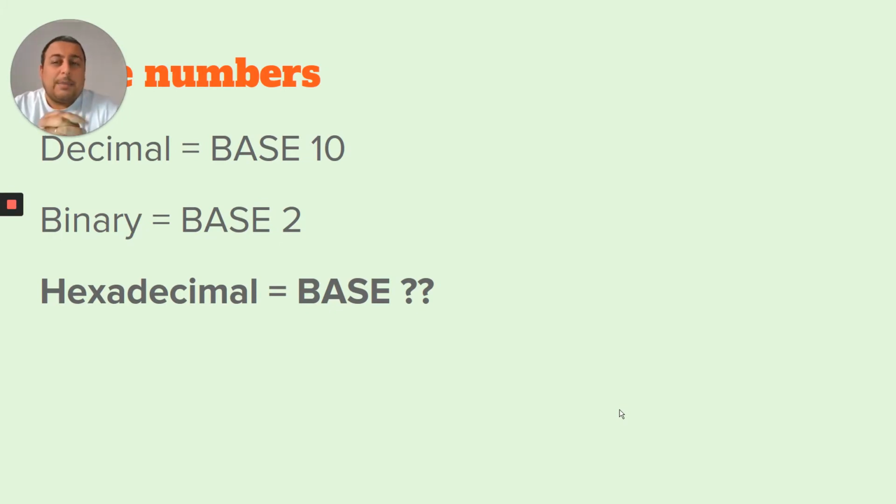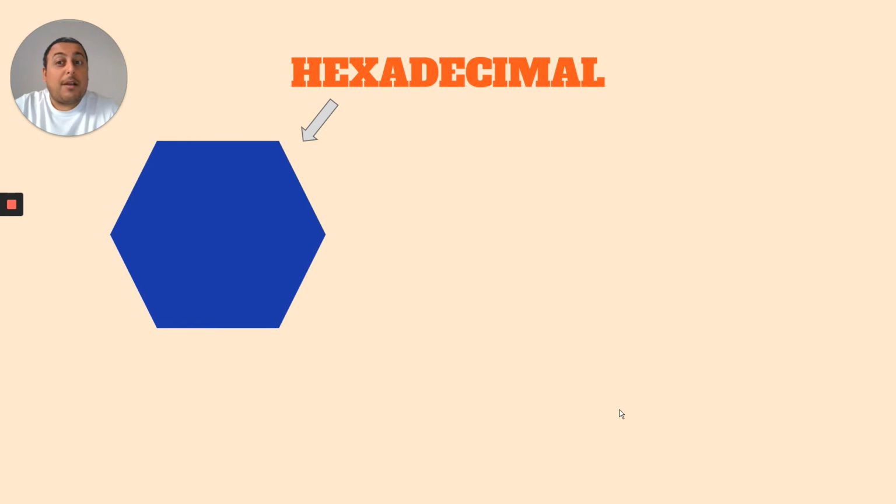So hexadecimal is a different way of going. Very similar to decimal and binary. This time the base is going to be something different. Now hexadecimal is a word that's split into 2, so you can figure this out. Hex, you might have heard of already. Kind of like a hexagon, which has 6 sides.